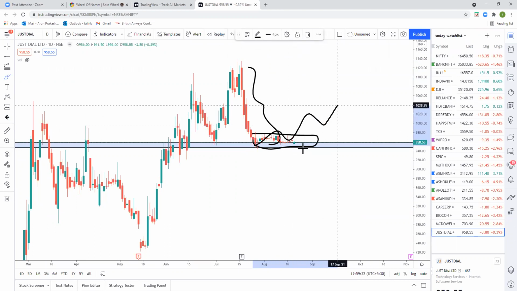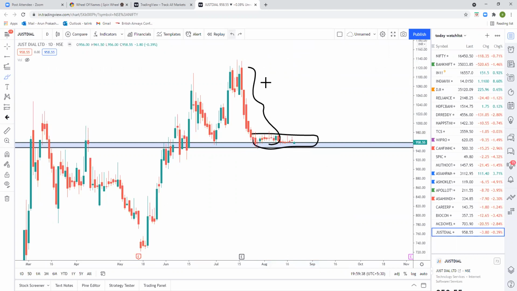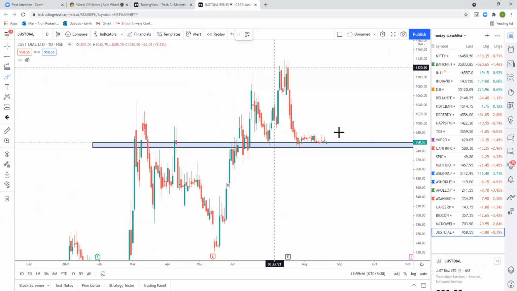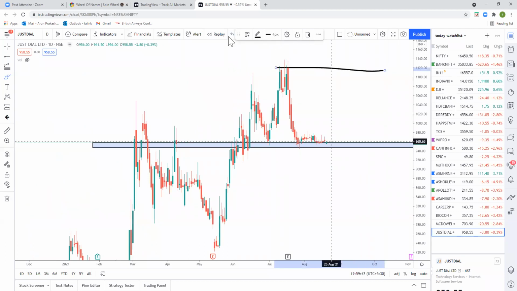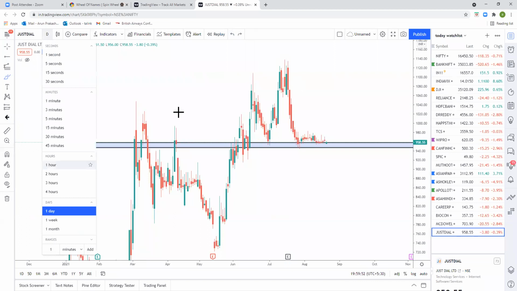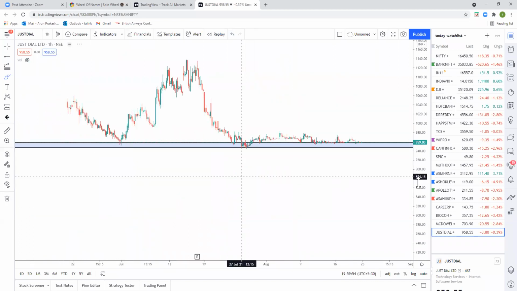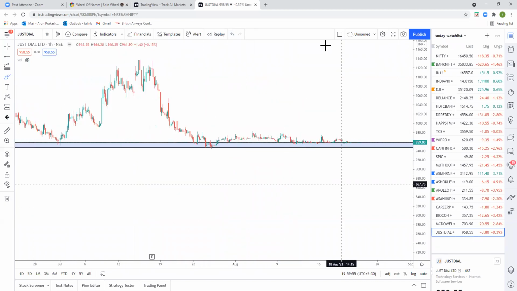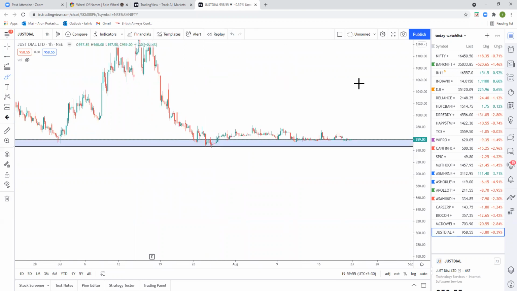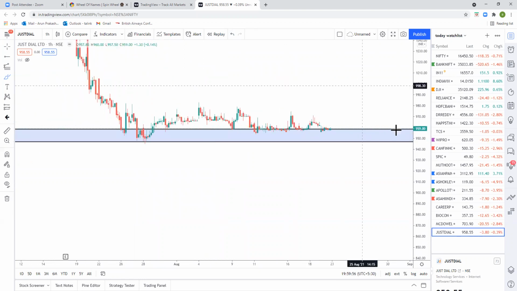I will not consider this a strong consolidation, which means it will take a long time to give the targets in case of a long. How can it go back to 1120 immediately? Even if it is going, I will not prefer this stock. That's my point. Like here on the 1 hour time frame, the trend line is forming.